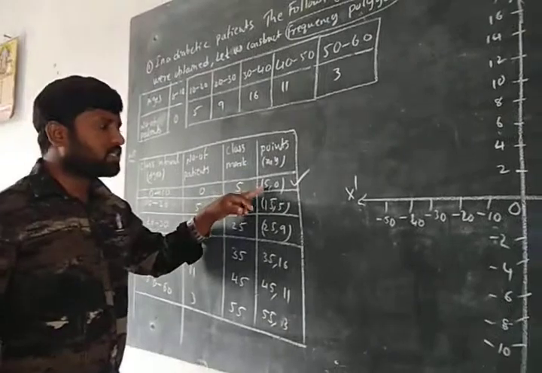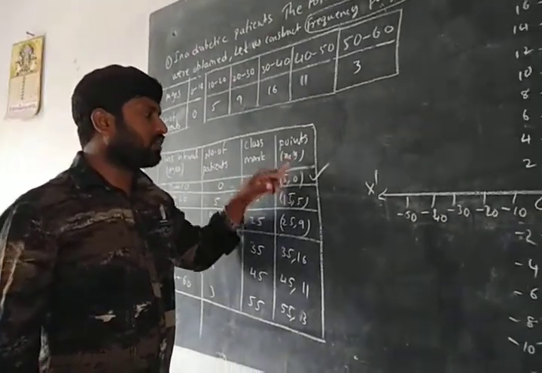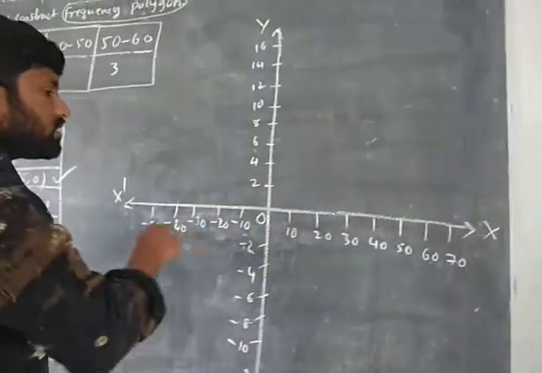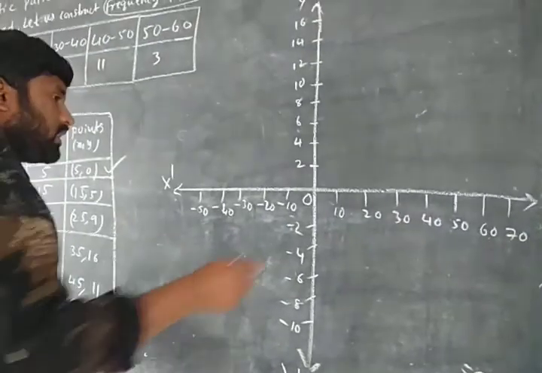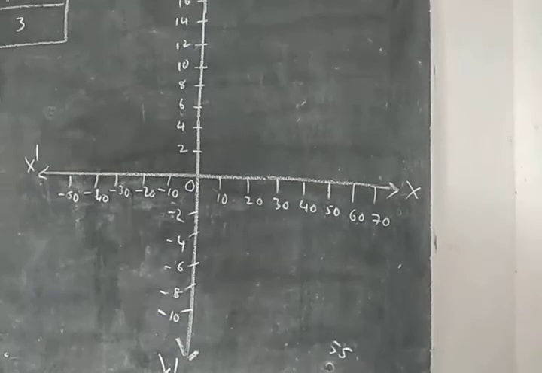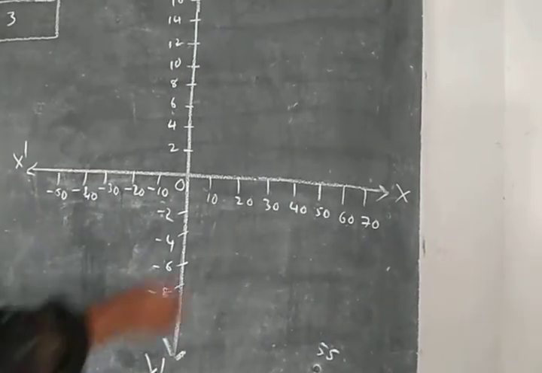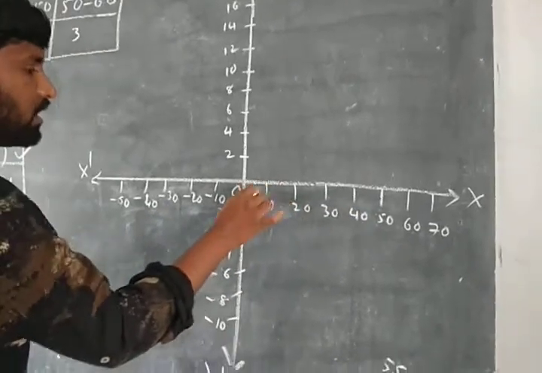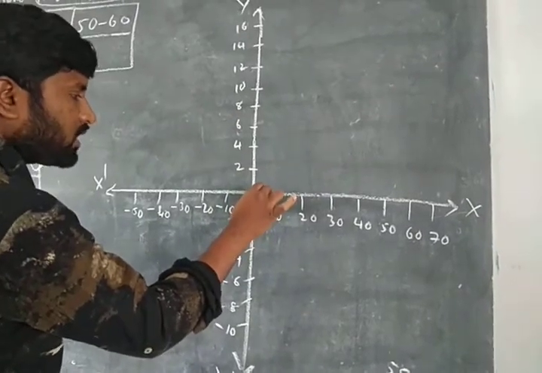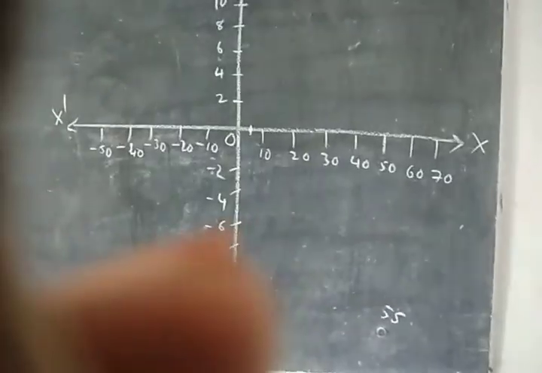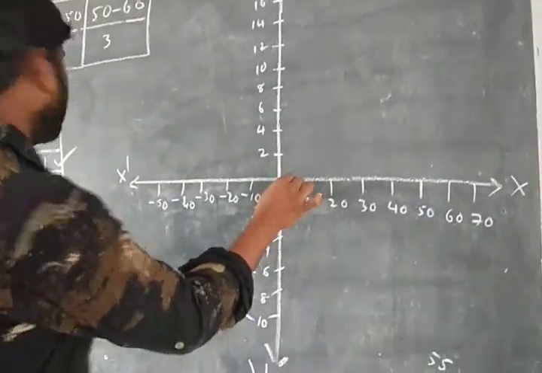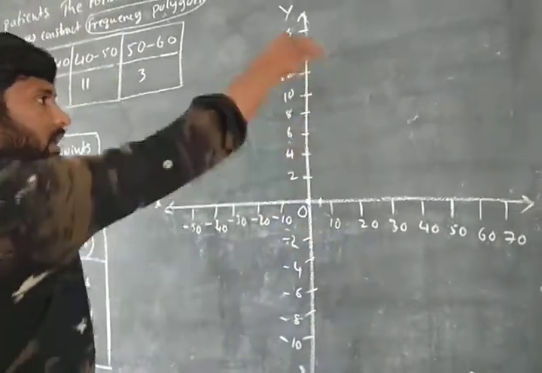Here the x value is 5 and the y value is 0. The x value 5 is on the x-axis, in between 0 and 10, where there is a middle line. That is the middle line, and 5 and 0 means 0 on the y-axis.